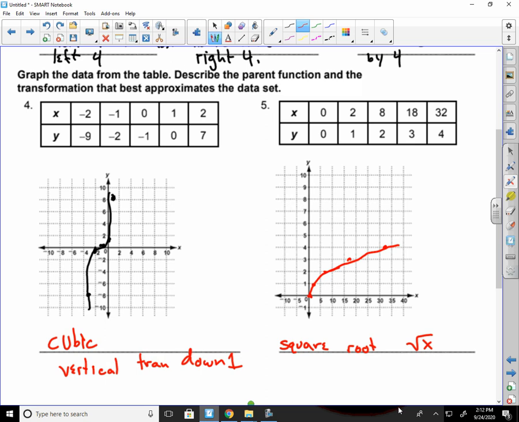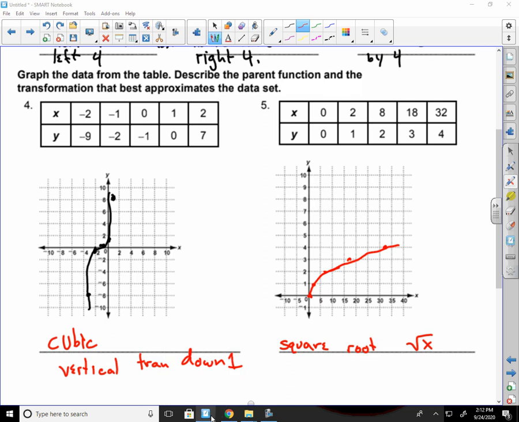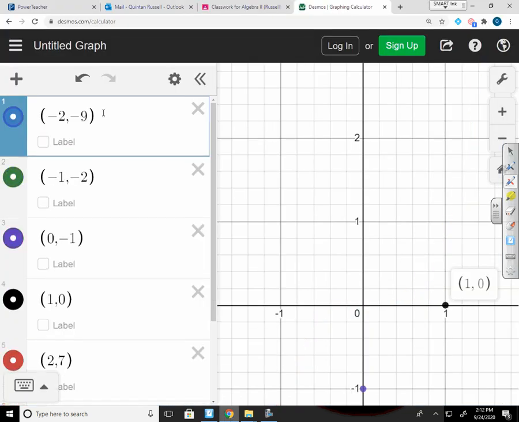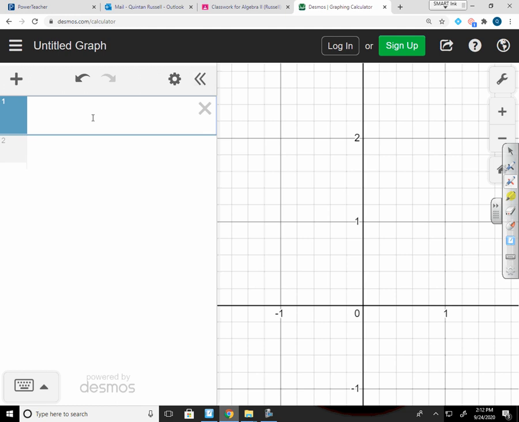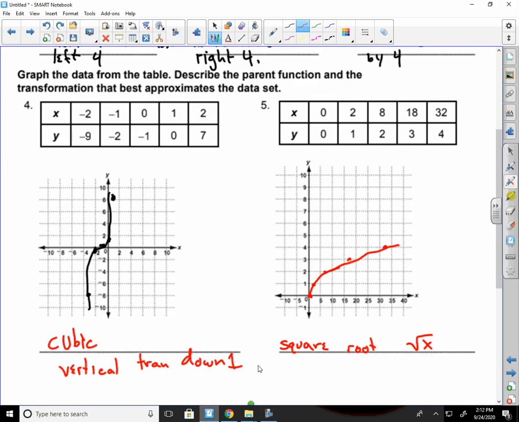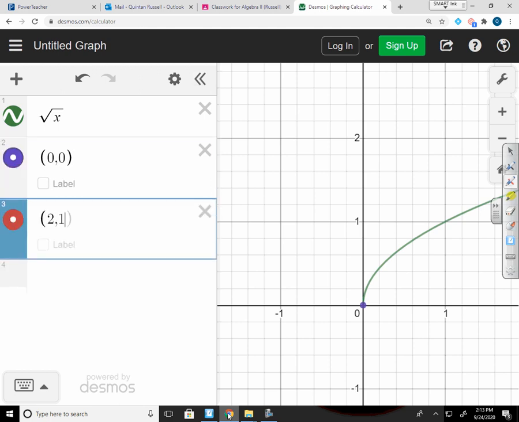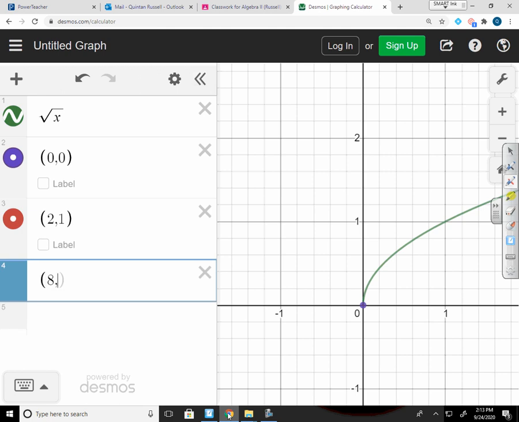How's it being translated? Let's see, I'm going to type sqrt x. Then I'm going to start putting my points in. 0, 0, 2, 1, 8, 2.